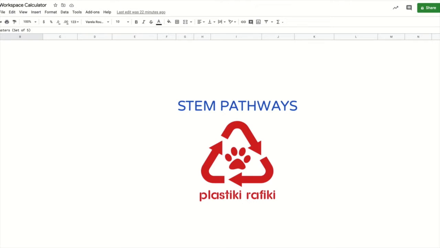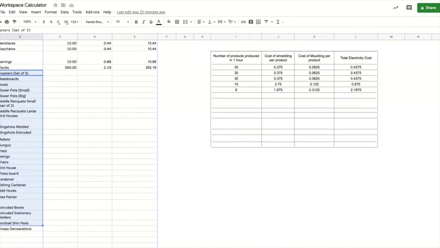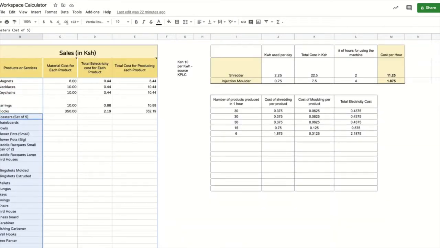So let's get started. The first aspect is the sales aspect, and we have to consider the cost of each product before we're able to make any business decisions. Last semester, I used an electricity meter to calculate the kilowatt hours used per day by the shredder and the injection molder machines.